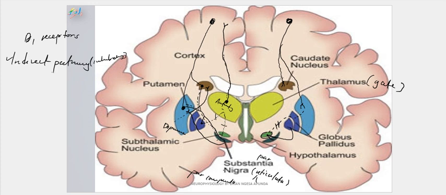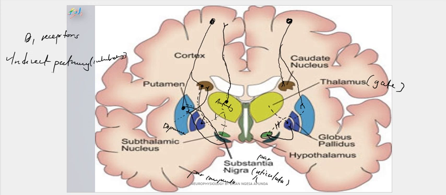So once these are activated, remember, this normally sends out an inhibitory signal. So once they are activated, it means we'll be enhancing their inhibitory capability, spreading their inhibitory signals to the thalamus. So that is the globus pallidus interna.